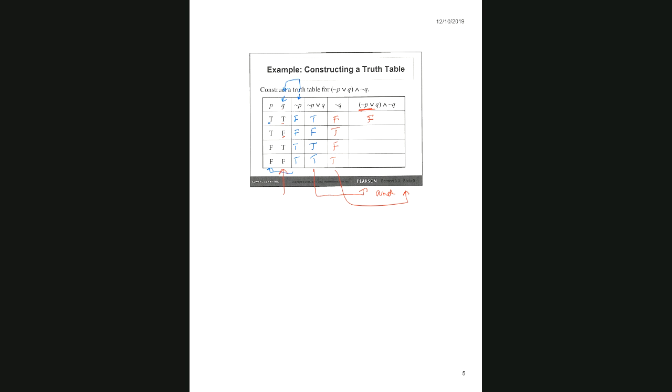All right, so right here, if something is false and true, then it is false. Because remember, and we only want all truths. If it is true and false, then it's false. If it's true and true, then this is true.